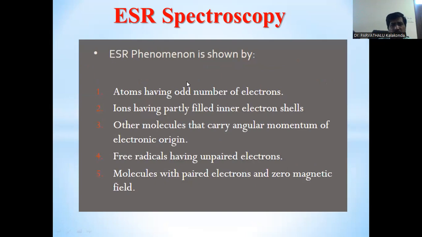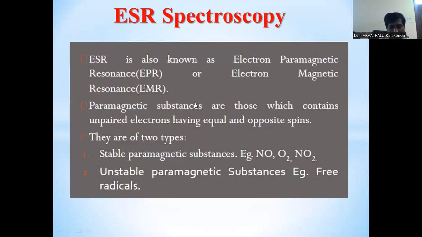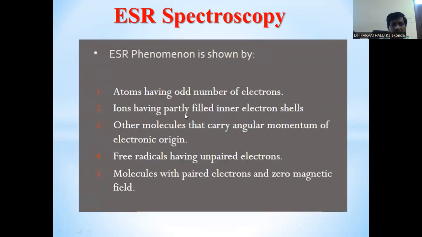You also need to know for what the ESR phenomenon applies. We all know that it should have a valence electron, an unpaired electron. It should have atoms having an odd number of electrons also. Having an odd number of electrons also shows this peak.